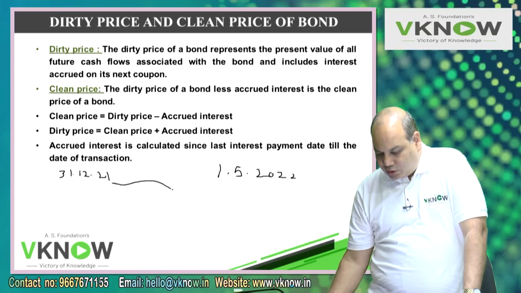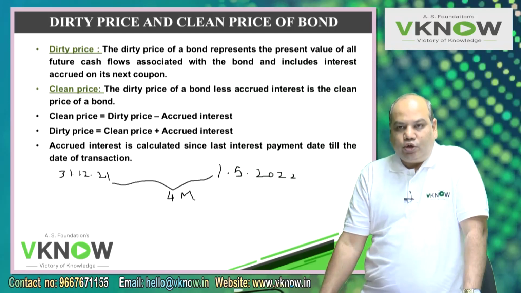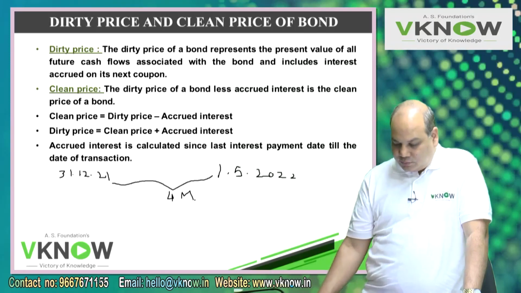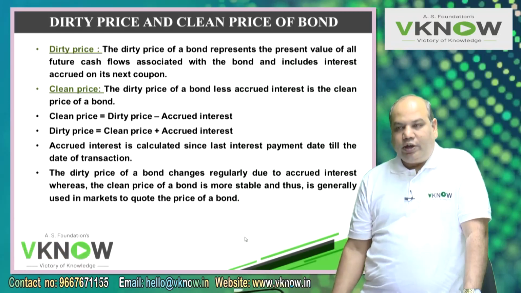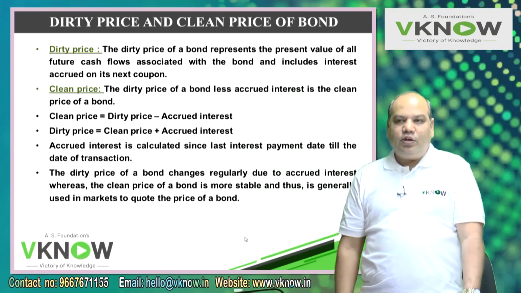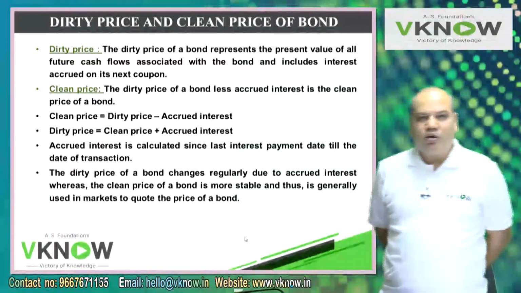So accrued interest will be calculated from 1st January 2022 to 1st May 2022, and that is 4 months. Only this much care you have to take, and those who are a good student of accounts in intermediate will remember you have done exactly similar calculation for investment and debenture chapter.